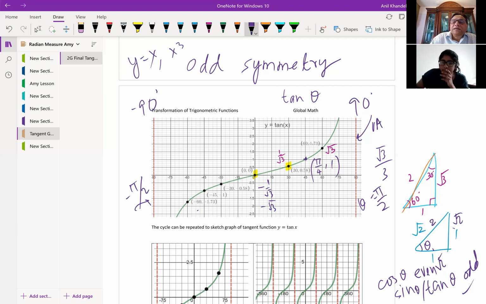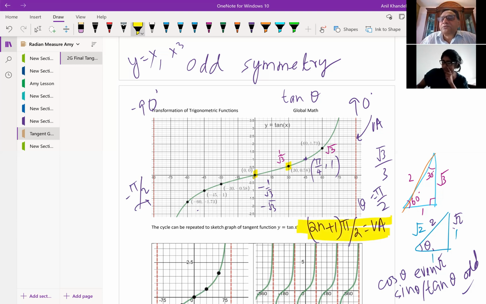So what we say is at the odd multiples of pi by 2, I write 2n plus 1 times pi by 2, we have a vertical asymptote. Because an even multiple would be like pi, and for pi, it is 0. You see that? So odd multiples of pi by 2 give you vertical asymptotes for a tangent function.